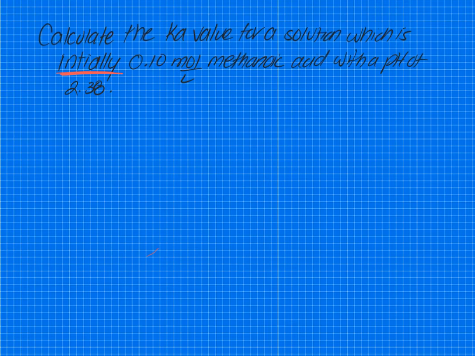Okay, let's try another Ka question. So this is another kind of question where it says calculate the Ka value for a solution which is initially 0.1 moles per liter of methanoic acid with a pH of 2.38. So this time we're actually starting with a pH equals 2.38. So again, first thing you should do is write out the dissociation equation.